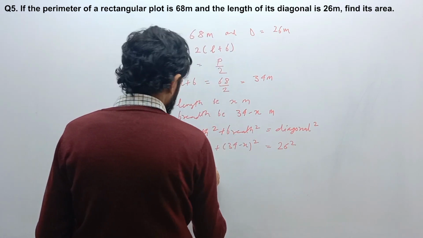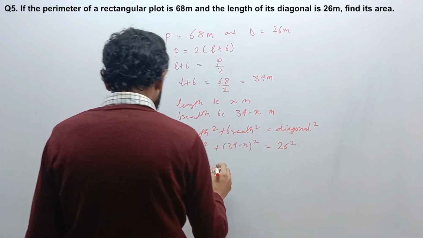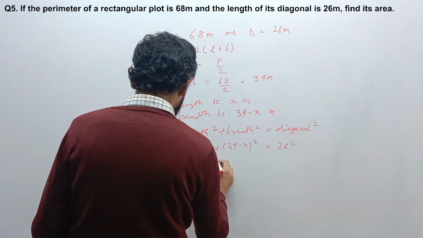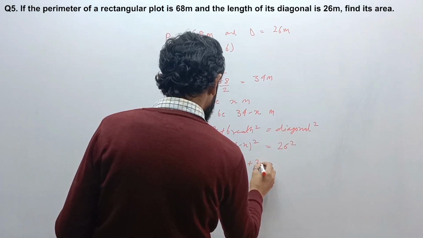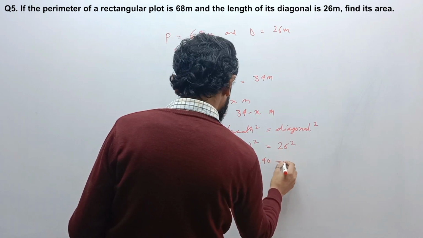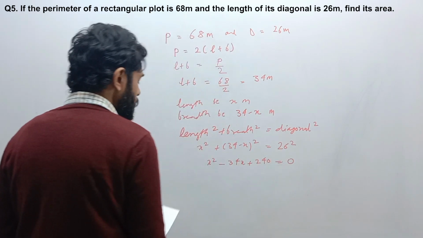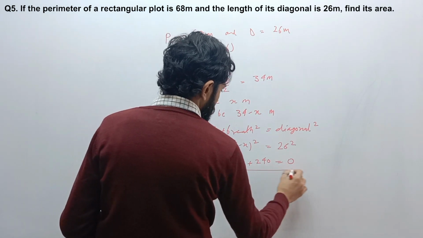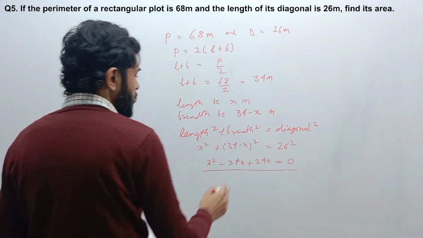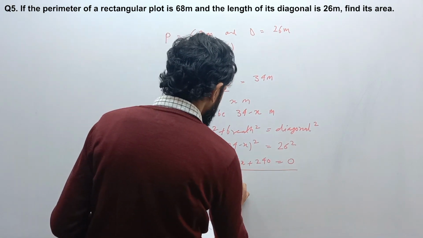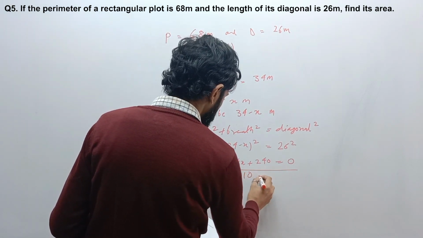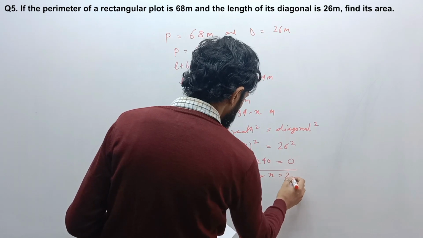So upon solving this, we get x square minus 34x plus 240 is equal to 0. This is the required quadratic equation. Now on factorization of this quadratic equation, we get x is equal to 10 or x is equal to 24.